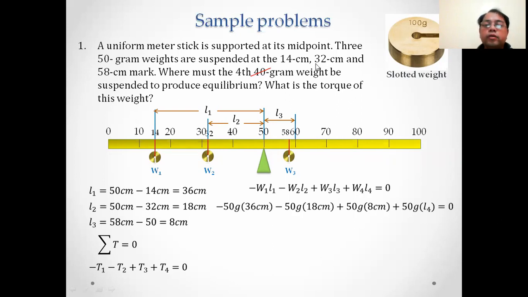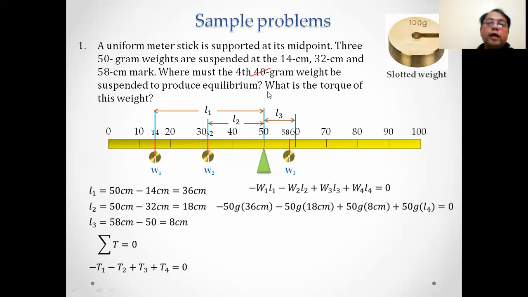Supposing we use all 4 masses to be the same, then the only last value is the lever arm of weight 4. Torque 4 will have a positive value because it is still clockwise rotation. So all the negative values will be added together and combined to this value.